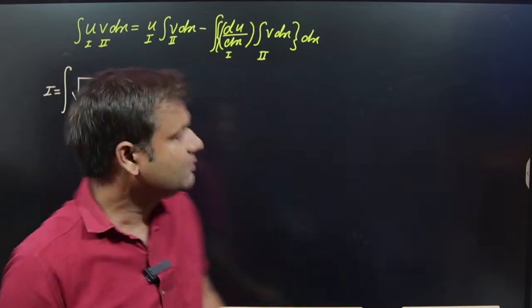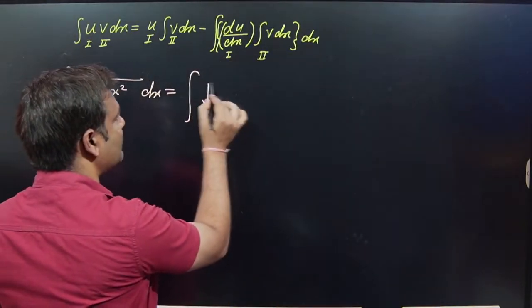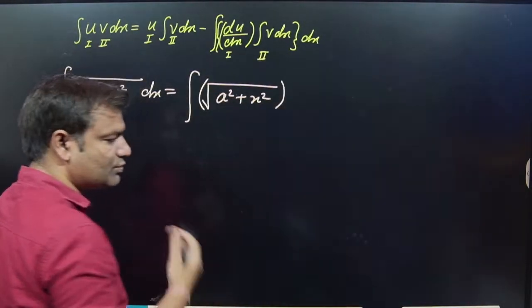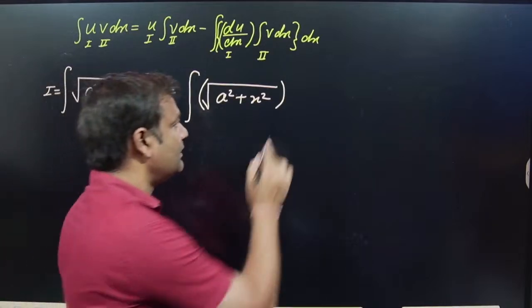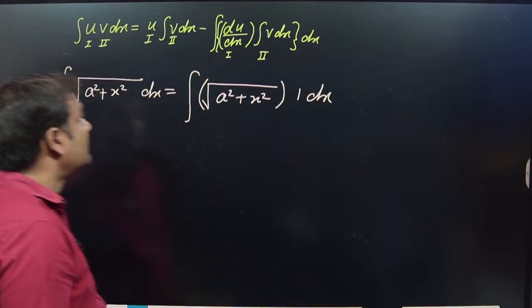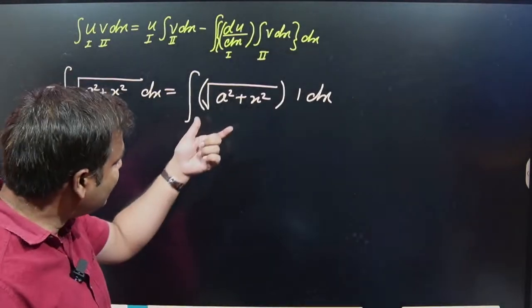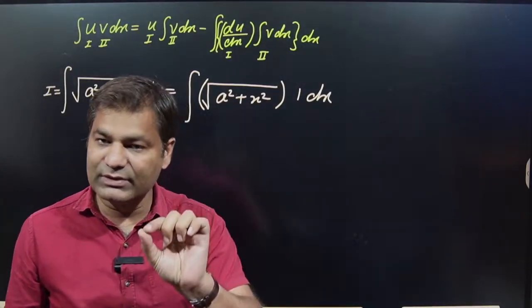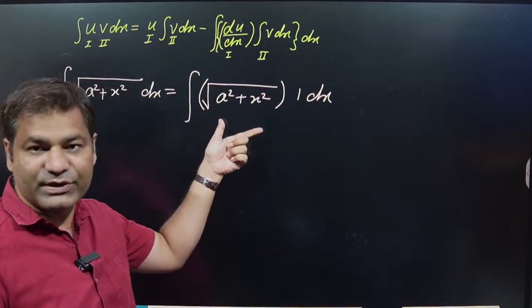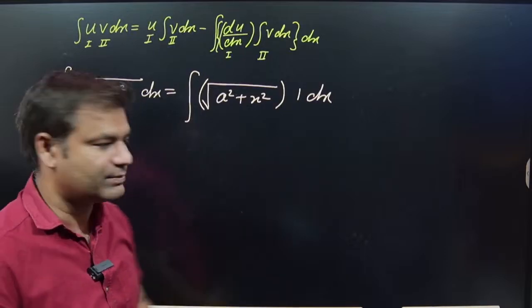This is written as under root a square plus x square into 1 into dx. I don't know the integration of that one, but what about the differentiation of that one? I will do that. That's why we take this one as the first function and 1 as the second function.